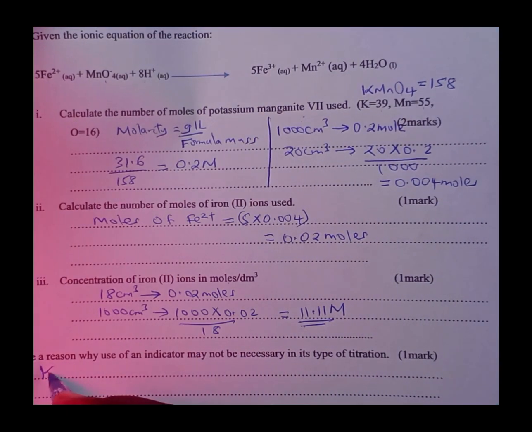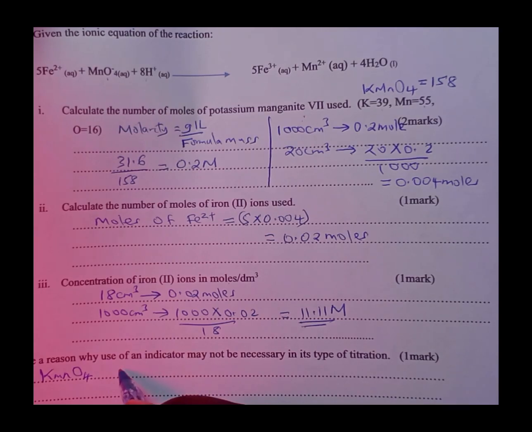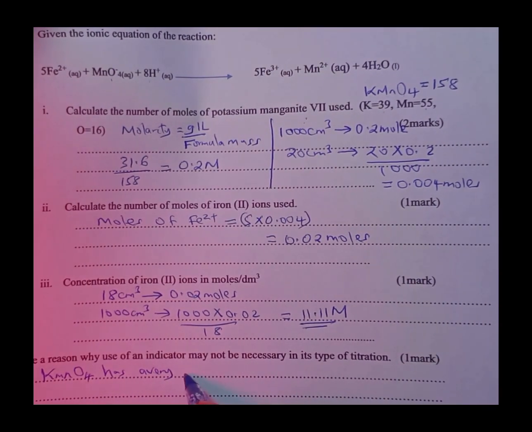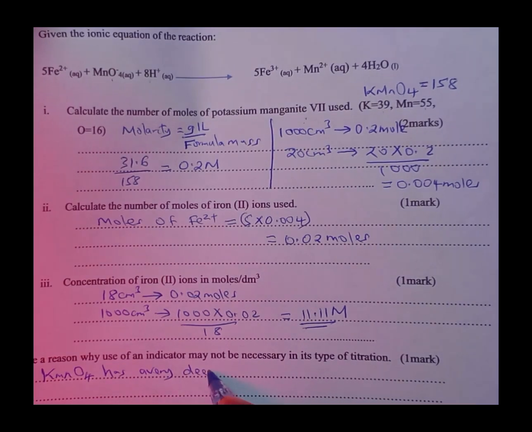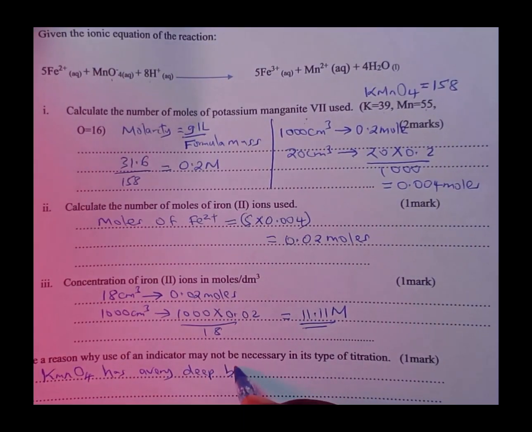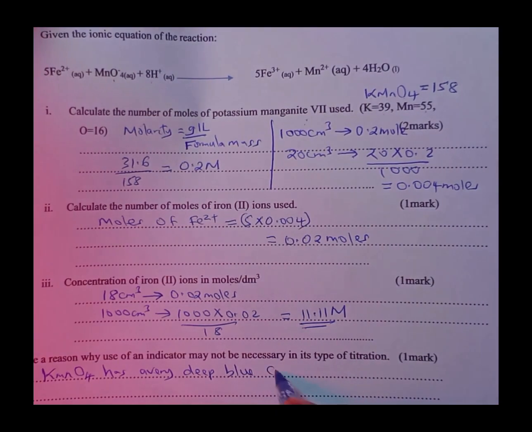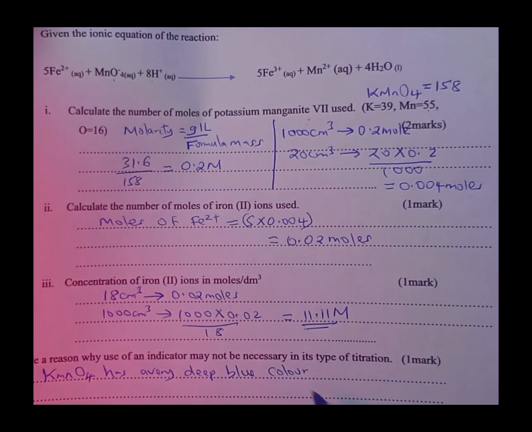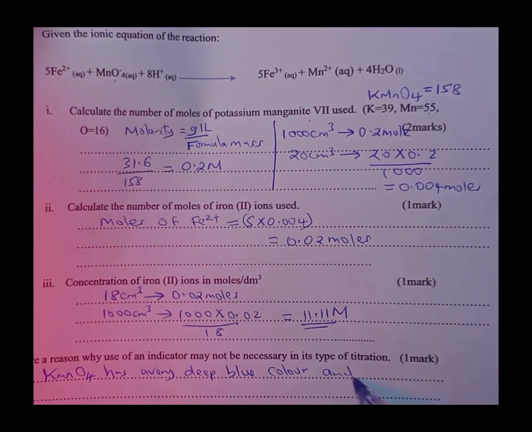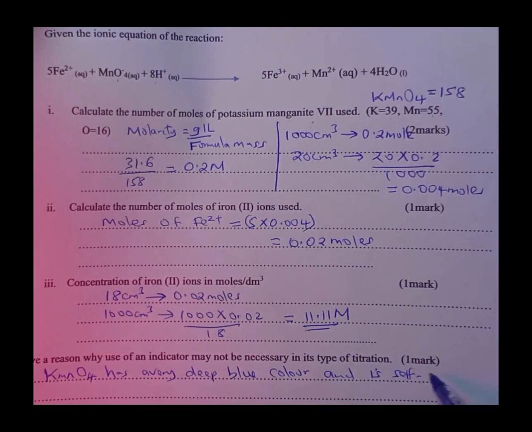Potassium manganate(VII) has a very deep purple color and is self-indicating.